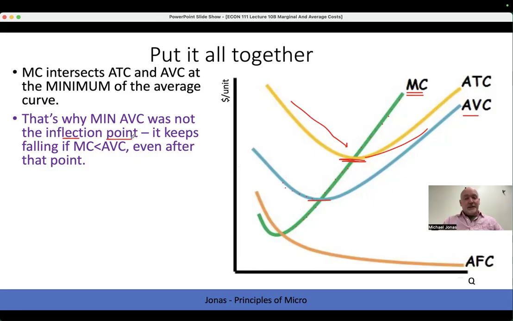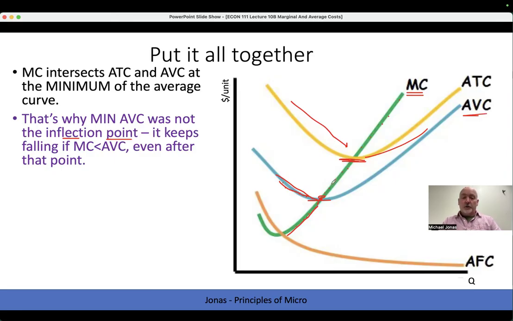Well, because it's actually pushed past the inflection point a little bit, average variable keeps declining even when labor is getting less productive, as long as the marginal is below that average variable. So you get this little added area of declining average labor costs.